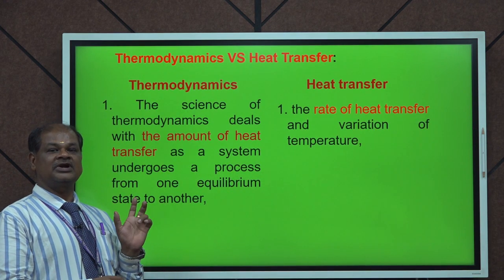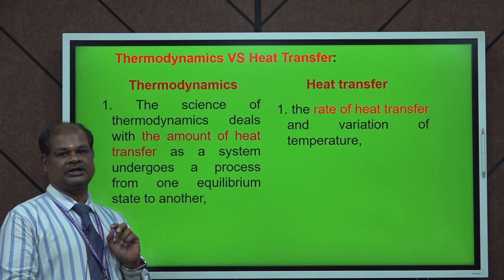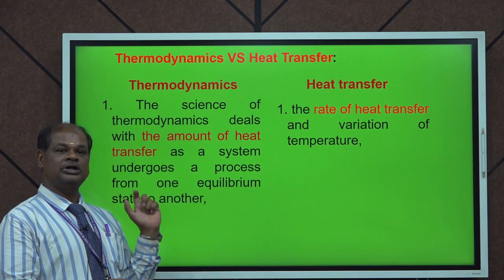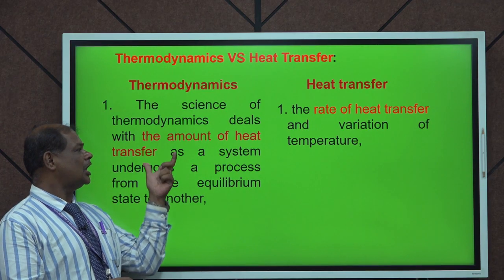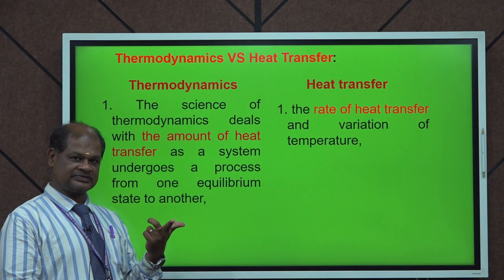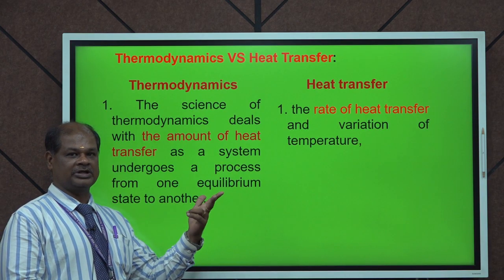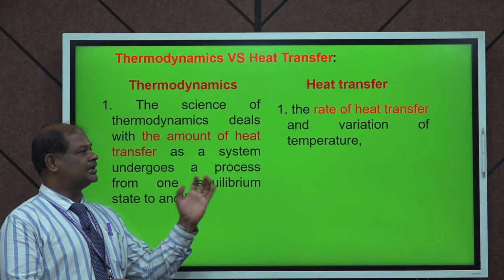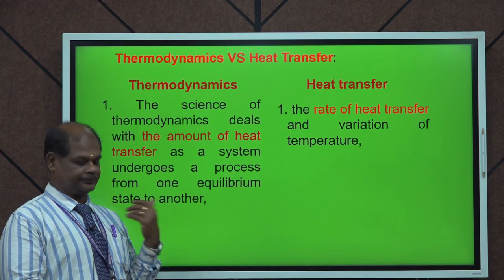Next is the difference between thermodynamics and heat transfer. Thermodynamics mainly deals with the amount of heat transfer, that is, how much heat is transferred from high temperature to low temperature. Whereas heat transfer deals with the rate of heat transfer.